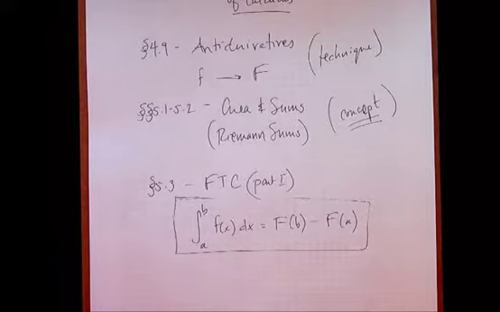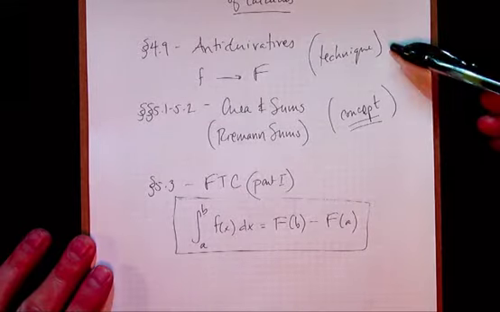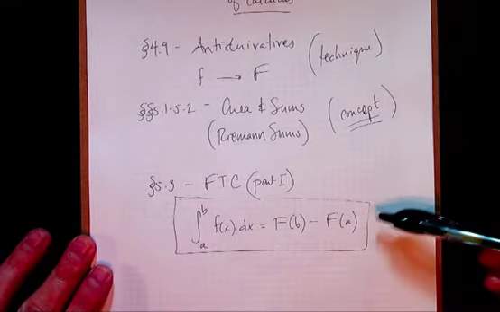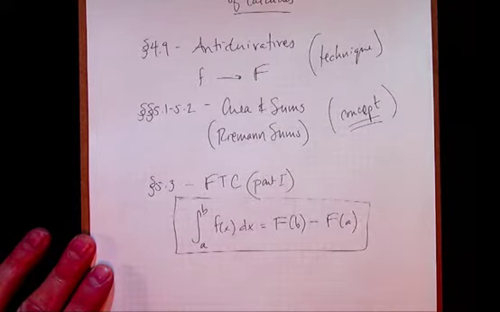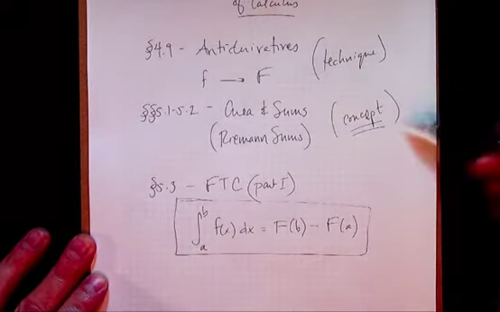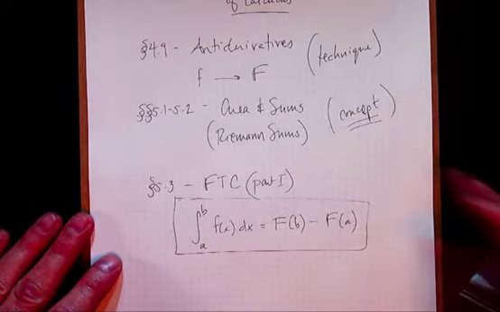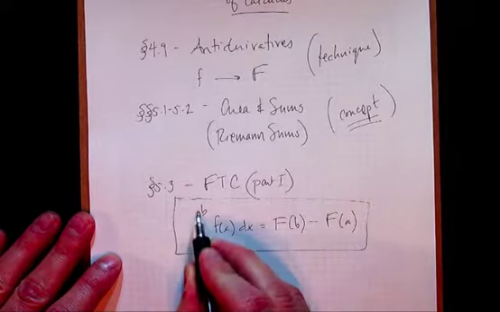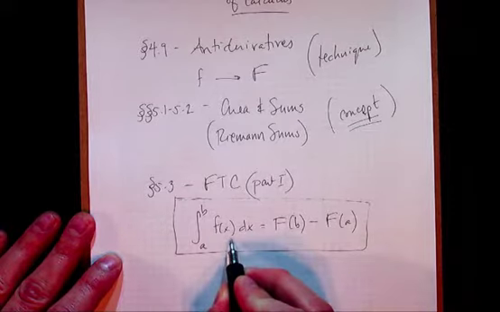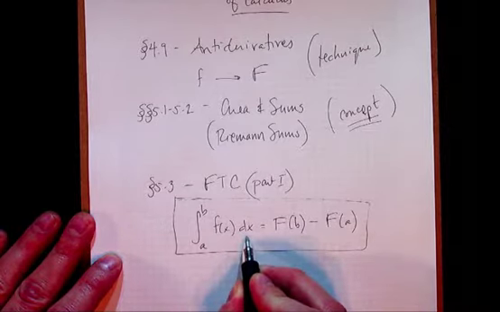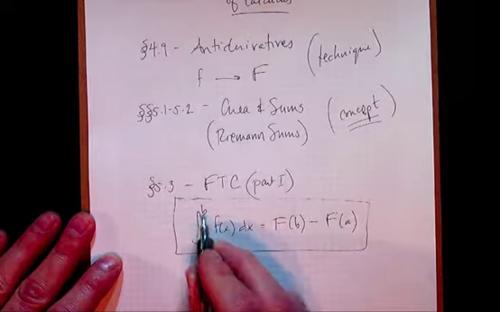Now, after we did the technique and I introduced the concept, this is 5.3, specifically part 1 of the FTC, is basically the marriage of technique and concept. And we get the sum of the infinite number of cross-sections of height f of x and width dx between a and b.